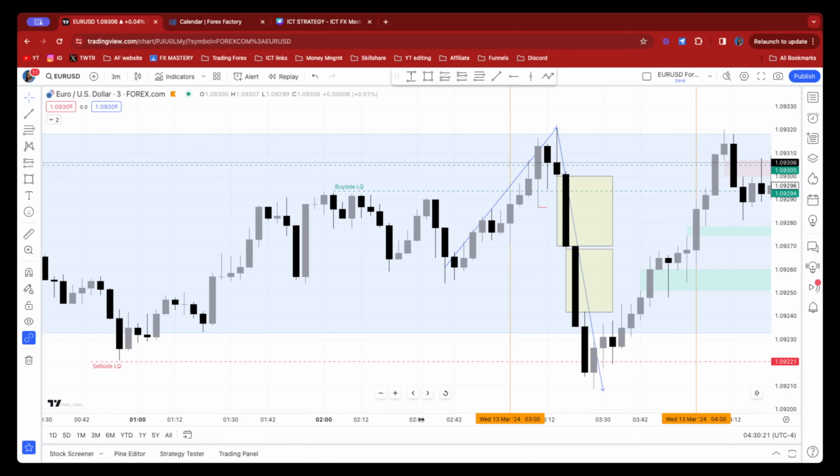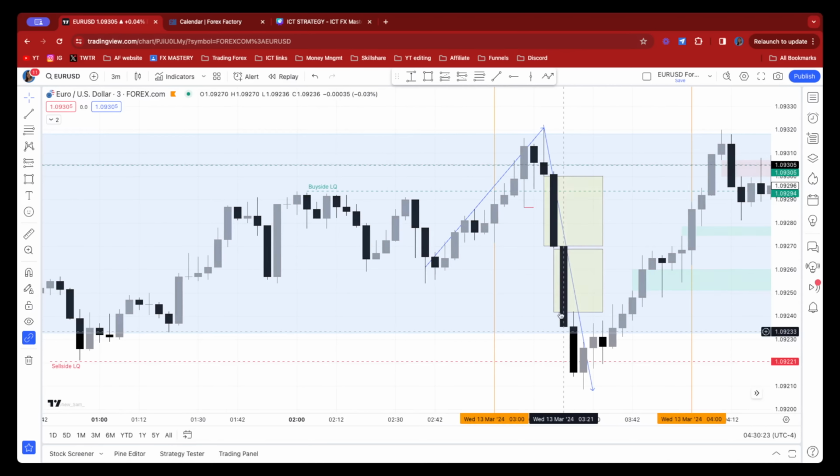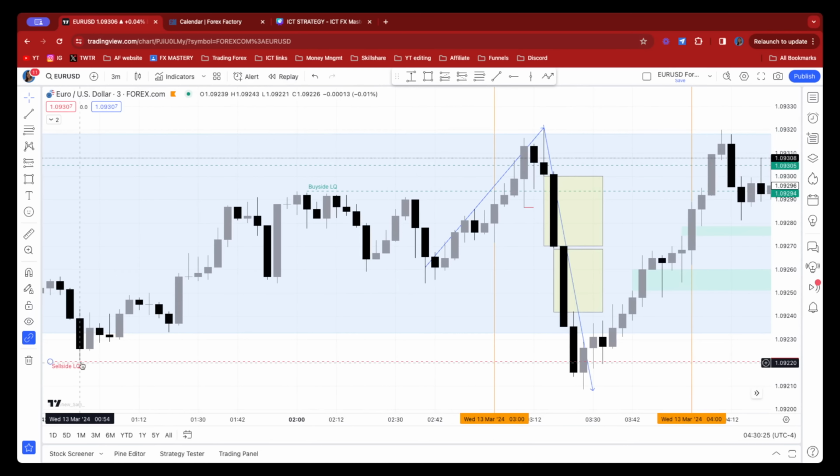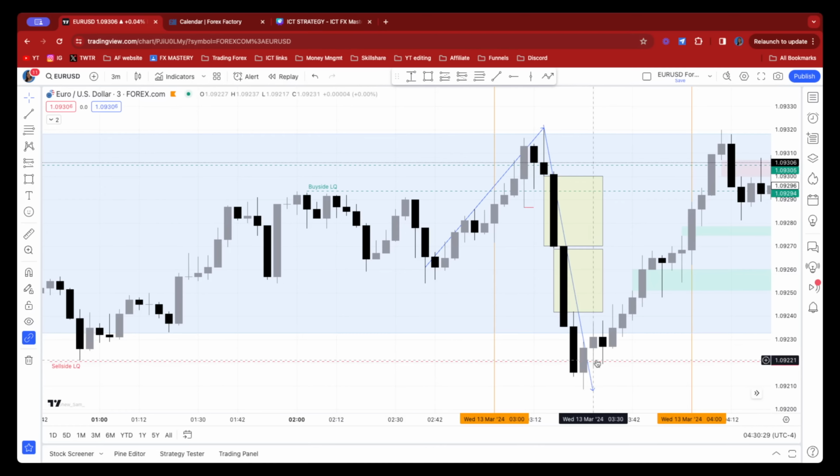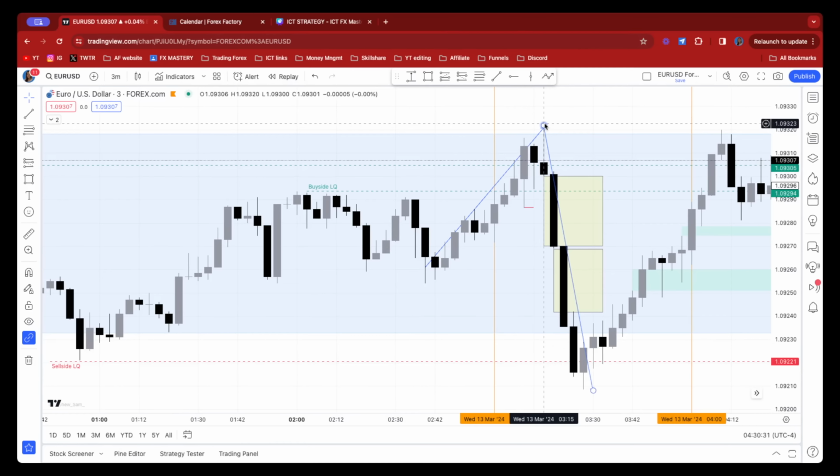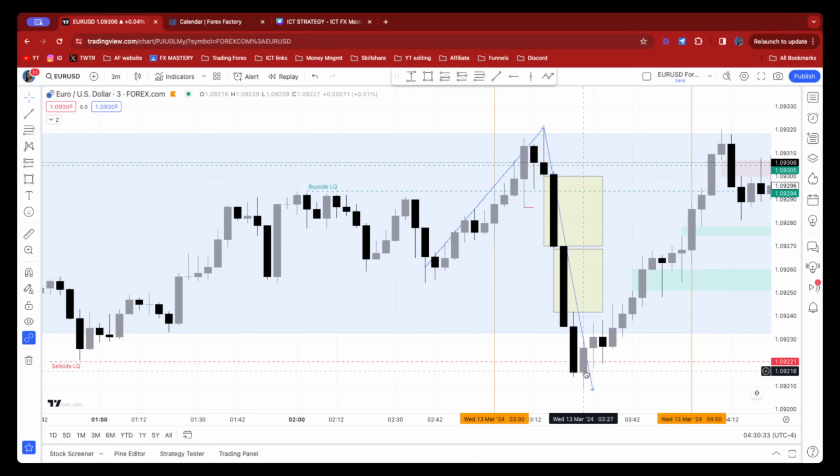Well, guys, the reason is here. The price in this movement took out the sell side liquidity. The price took out sell side liquidity, so it was charged here with extra liquidity, went lower very fast. We see here two candles of 3 minutes, and then the third one that we're really pushing it. But then the price took out sell side liquidity.